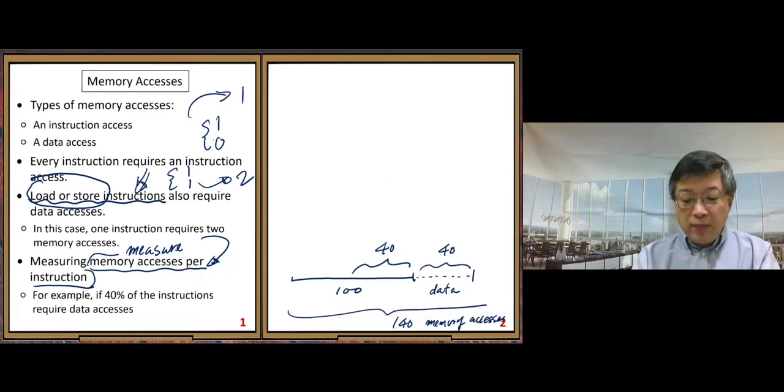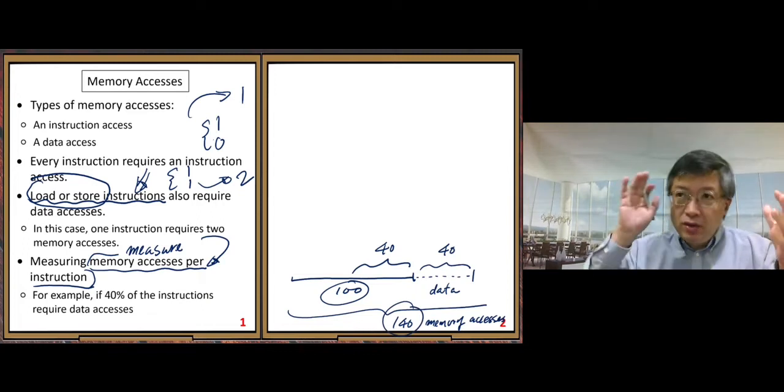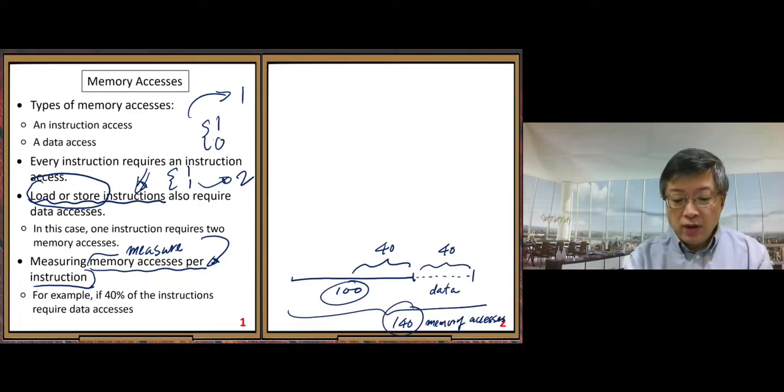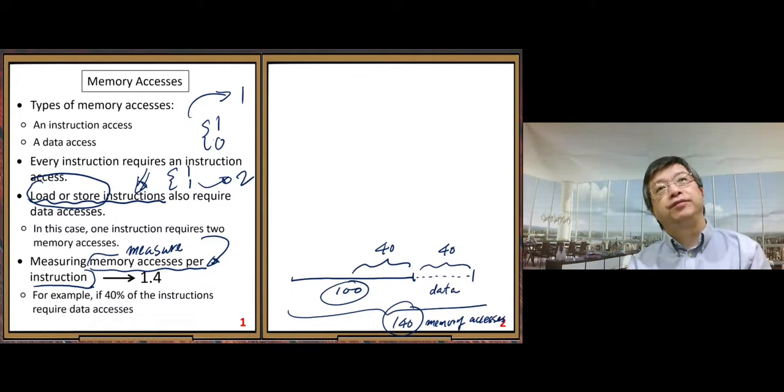But look at the base: we only have 100 instructions, but the total is 140. So we do the division, and the result is 1.4 memory accesses per instruction.